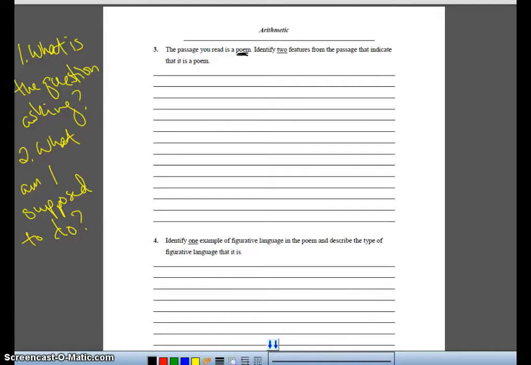And it's asking me to identify two, so there's a number, features from the passage that indicate that it is a poem. So really, if I were to reword this, and sometimes paraphrasing this is good, the question is really asking for me to prove this is a poem. So again, identify two features from the passage that indicate that it's a poem.